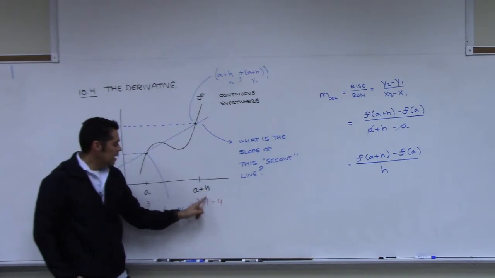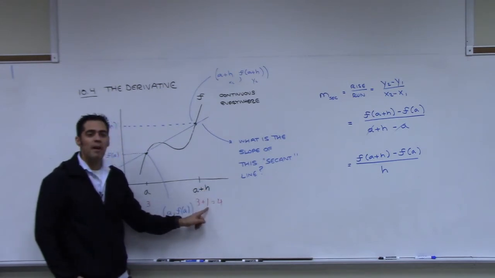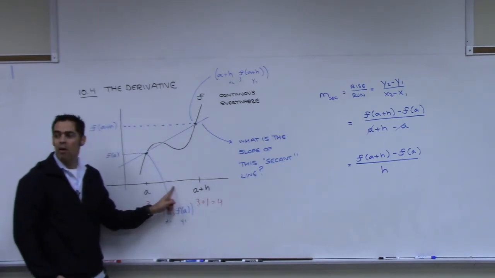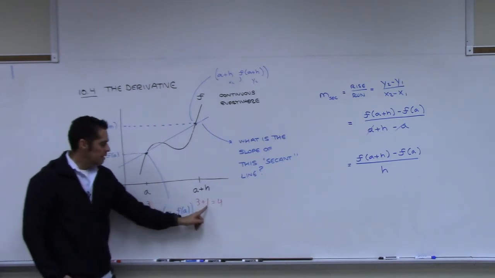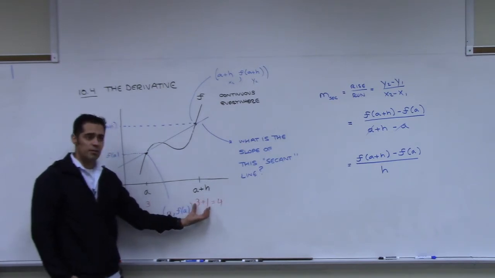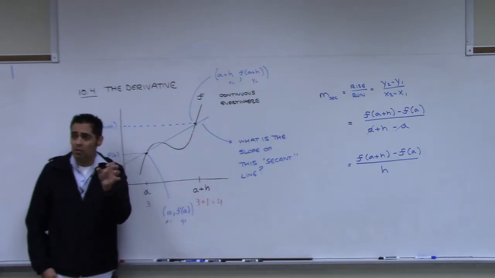Think about it that way. If h is 1 here, what if h was 0.5? Wouldn't that move it like right here? What if h was 0.1? If this number gets smaller, doesn't this get closer to 3? So I need to let h get smaller, smaller, smaller. How small? Close enough to A.